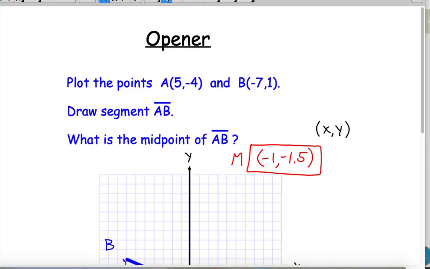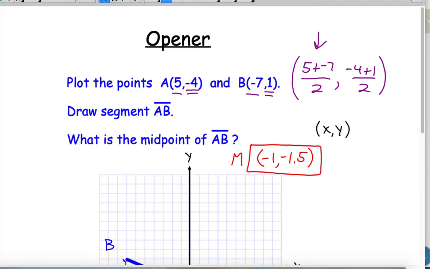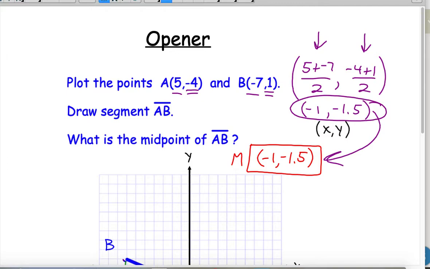I'm going to say 5 plus negative 7 divided by 2, and then negative 4 plus 1 divided by 2. 5 plus negative 7 is negative 2, divided by 2 is negative 1. And then negative 4 plus 1 is negative 3, divided by 2 is negative 1.5. And sure enough, that's what we had come up with before.